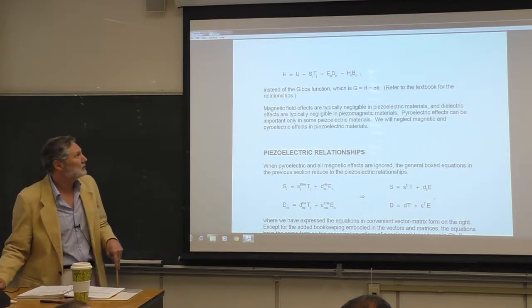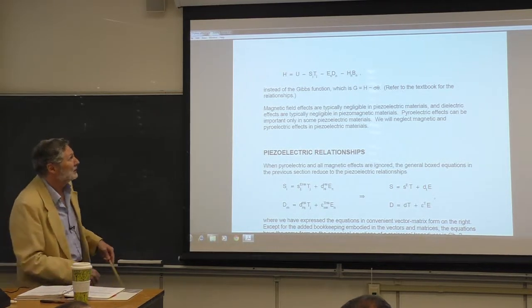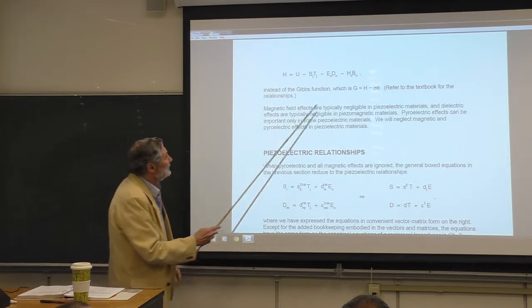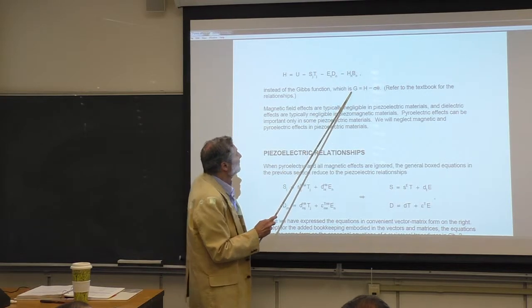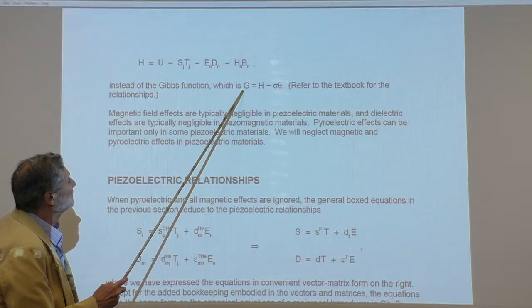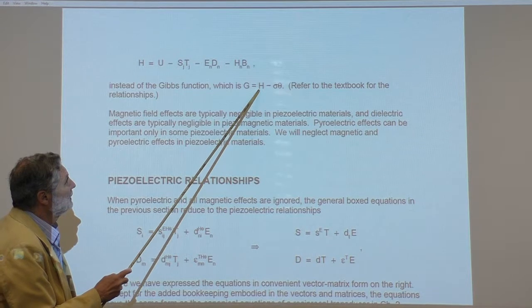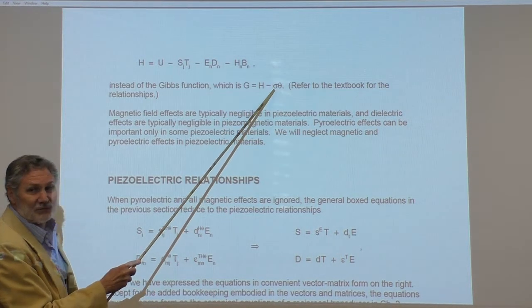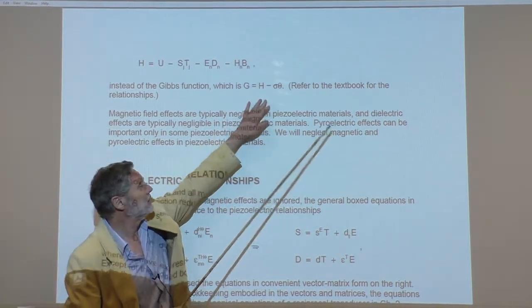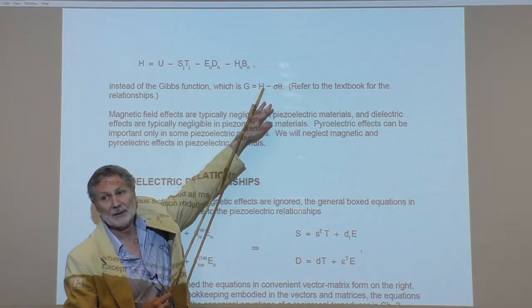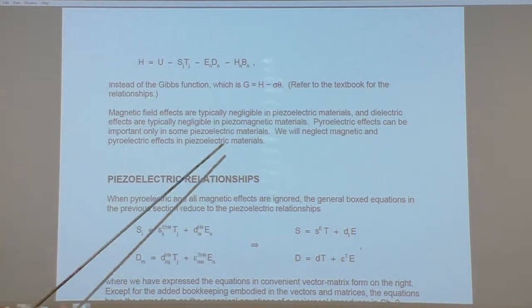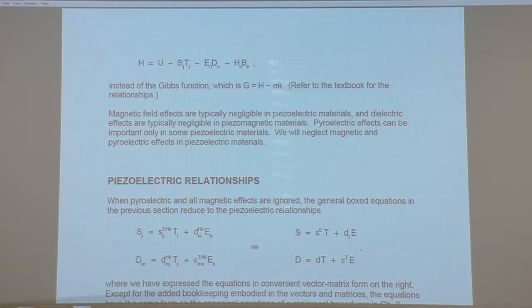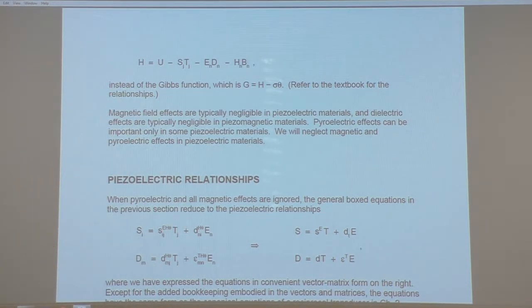You can make a Legendre transformation on the Gibbs function. So instead of G, you consider this, which is called the enthalpy. This is changing the independent variable, right? Because when you take the differential, you're going to kill whatever's in there, and you're going to switch it. So this is the way people usually look at it. The enthalpy here.